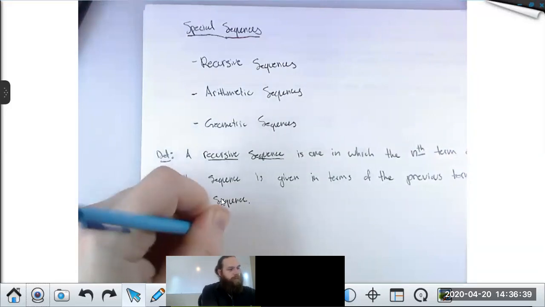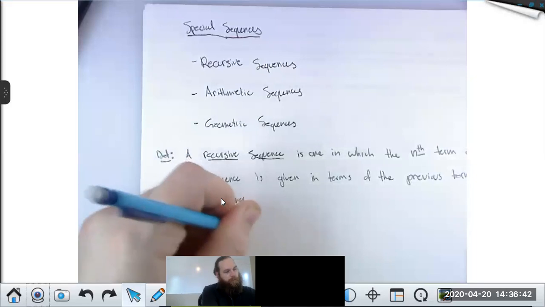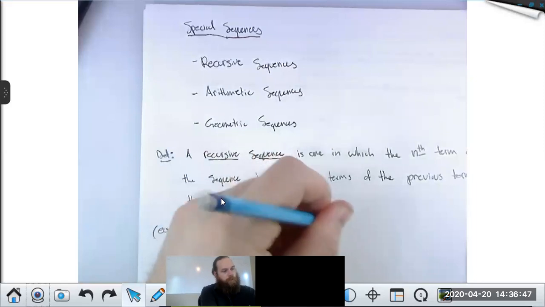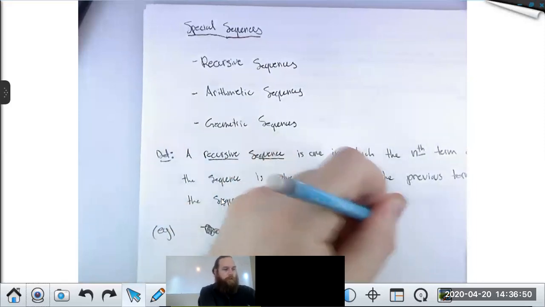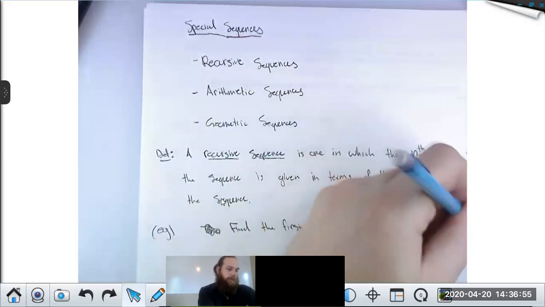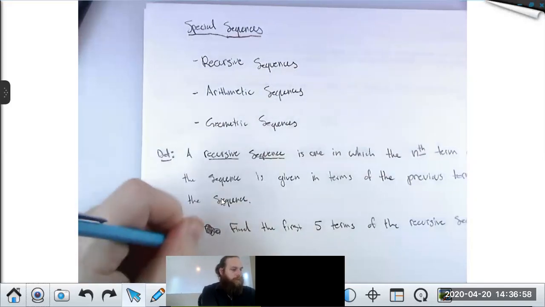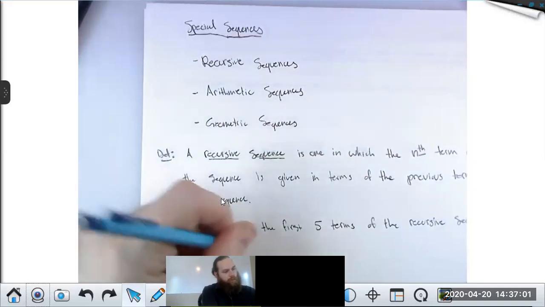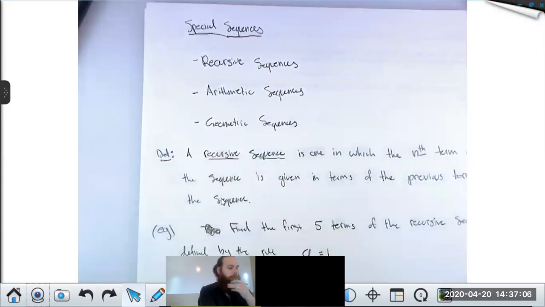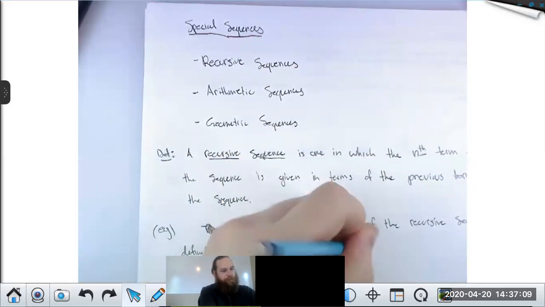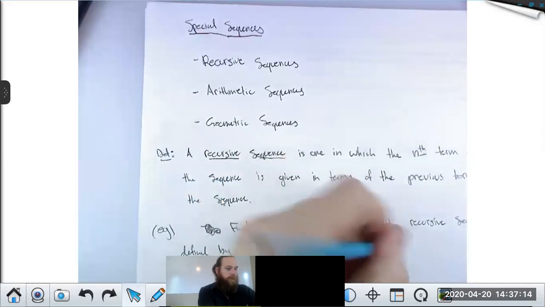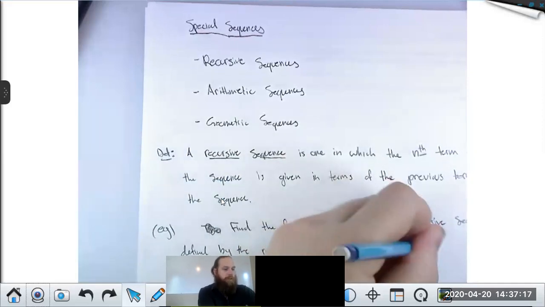So let's find the first 5 terms of the recursive sequence defined by the rule a0 equals 1 and an plus 1 is equal to n plus 1 times an.